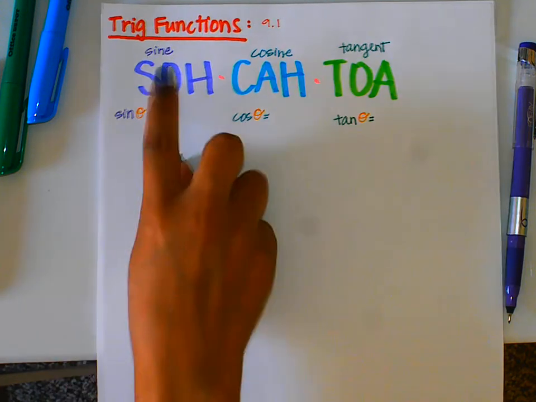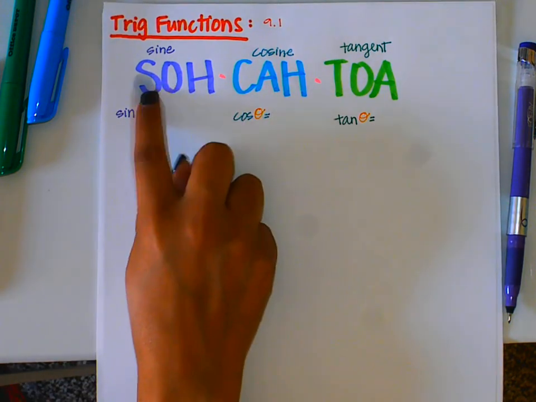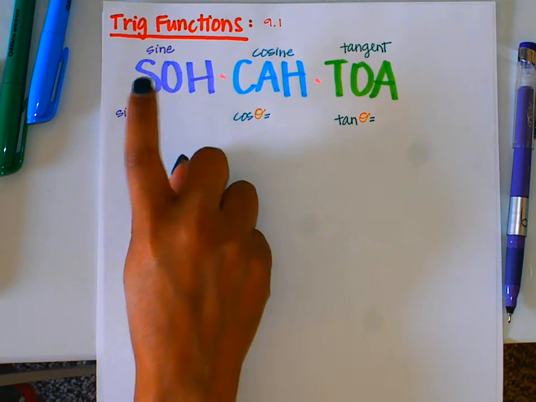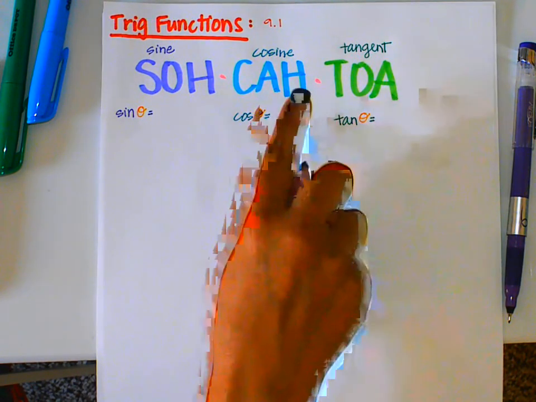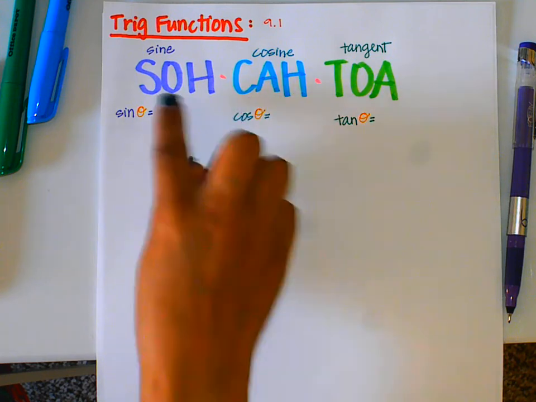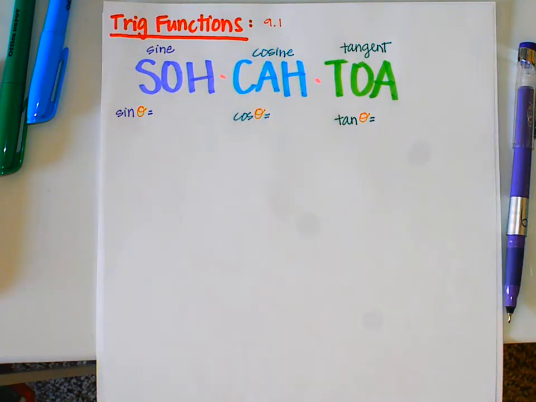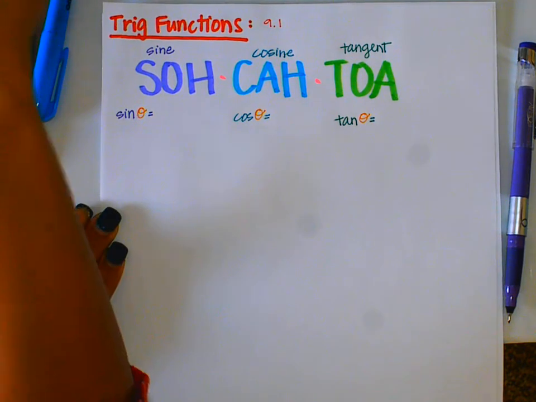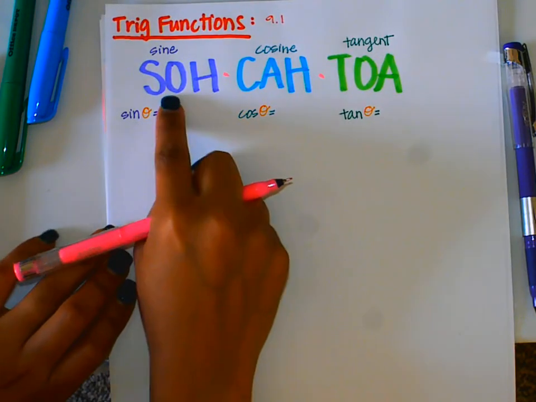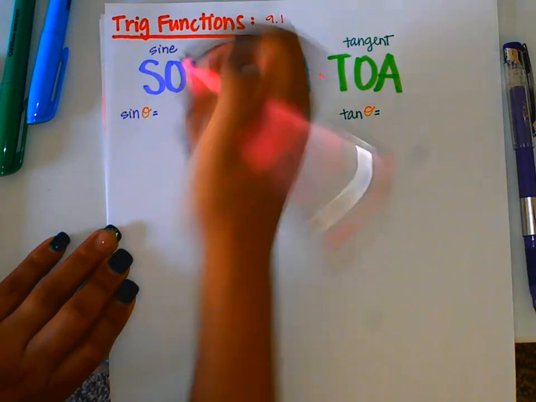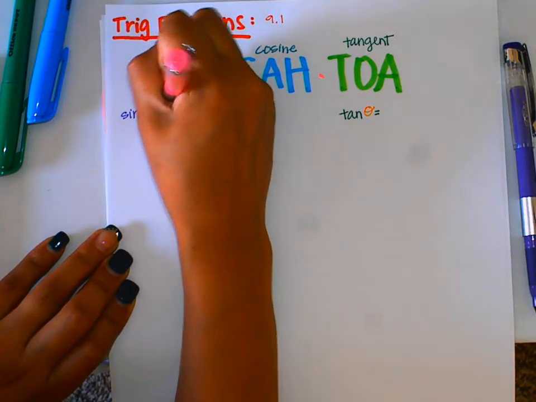So let's start with S-O-H. SOHCAHTOA. You notice there's an A, so the three letters you're looking at are O, H, and A. For sine, whenever you talk about the sine of something, the O stands for opposite.